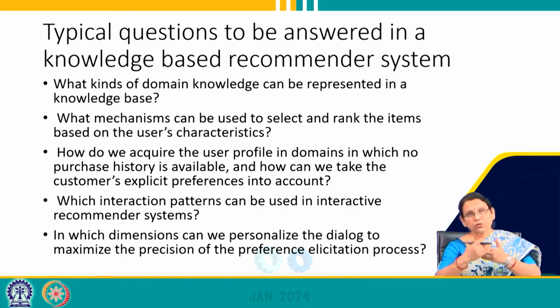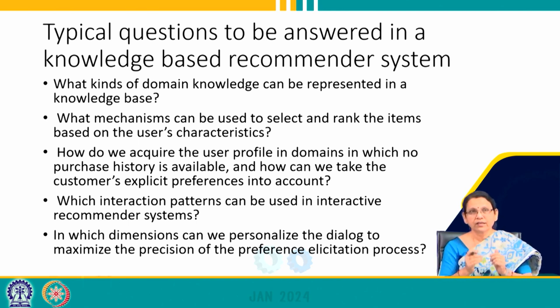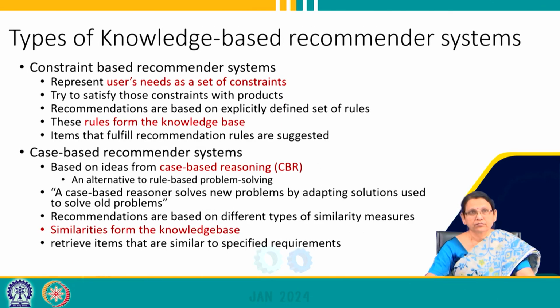You will be shown something on some user interface, you will provide your input, based on that some modification will happen to the recommendations which were already shown, and a new set of recommendations will be given to you. We may make further modification to your preference, and a new set of recommendations will be coming up, and so on. So, here it is very personalized and based on the preference elicitation process.